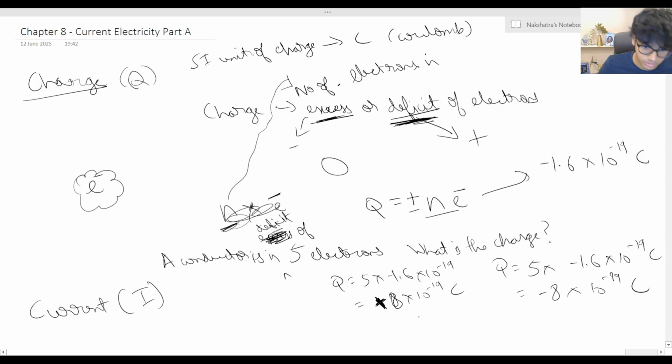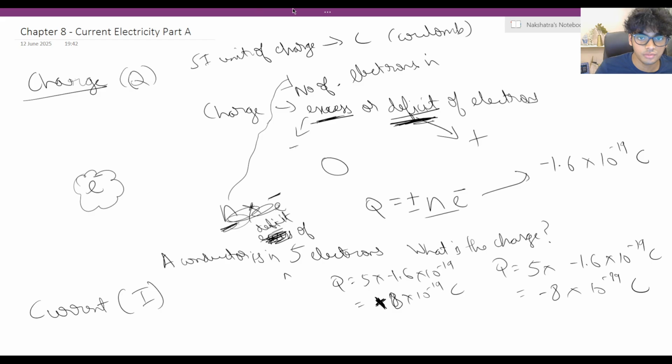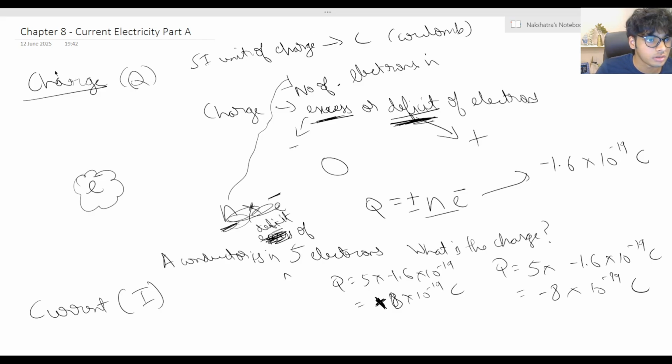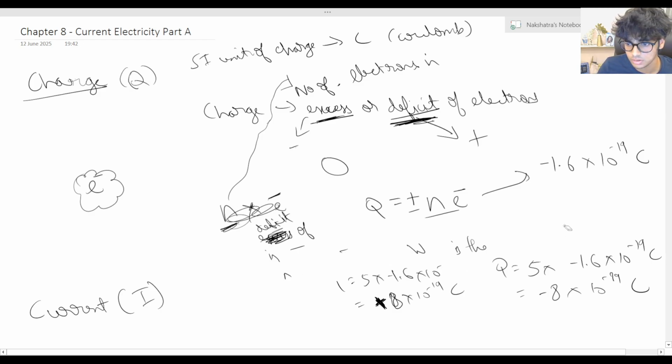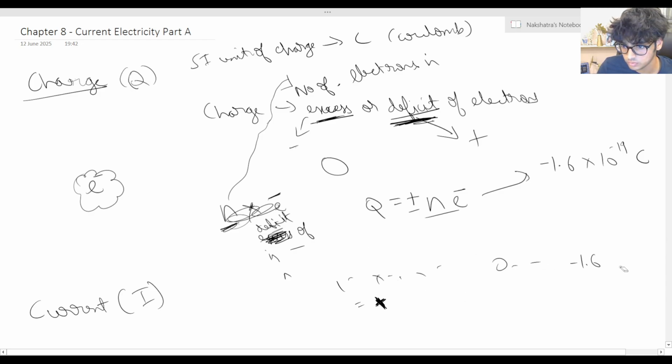So how does a charge in a body actually work? Let's take two examples.